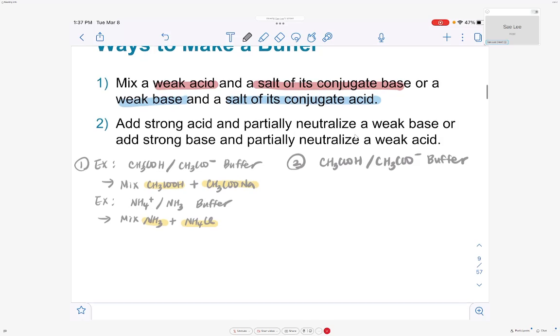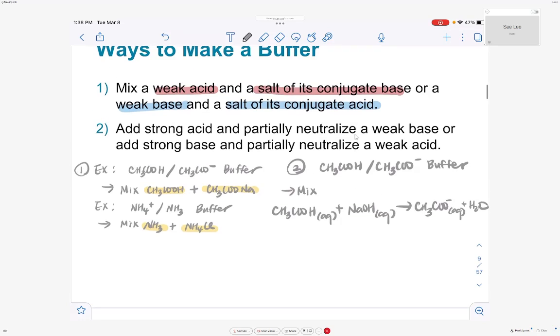It can be created by mixing acetic acid and sodium hydroxide to create acetate.